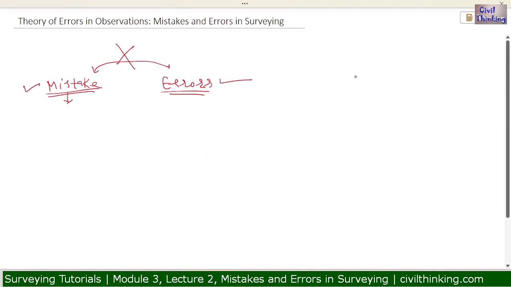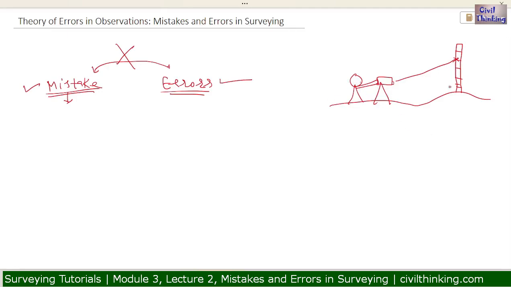For example, if you have a surveyor and he is measuring some distance, or he is taking a reading, he makes a mistake. Let us say the observation here is 3.19 feet.